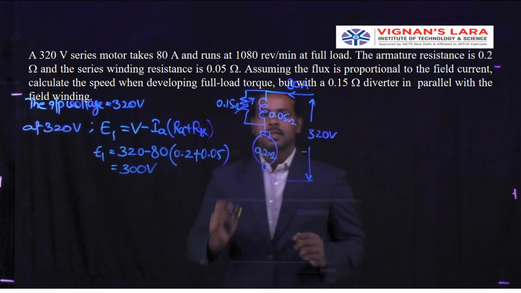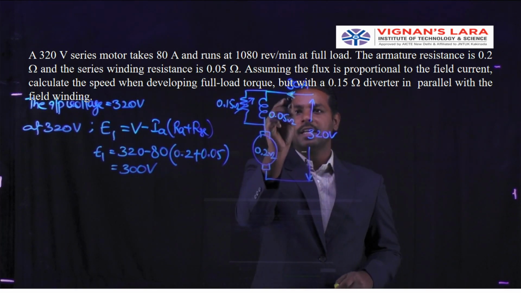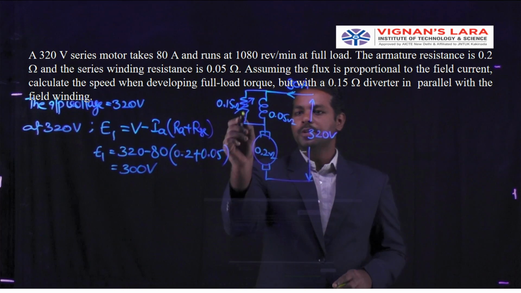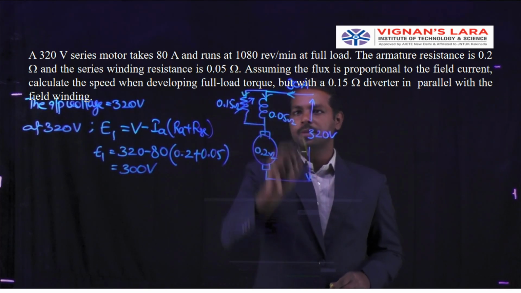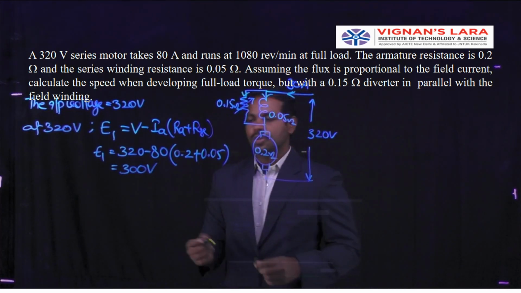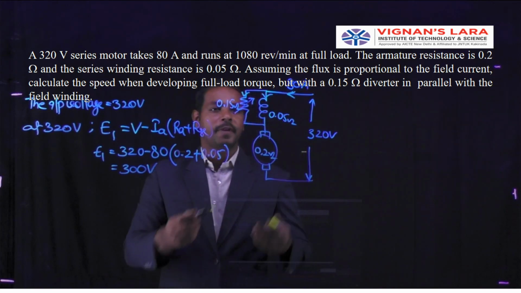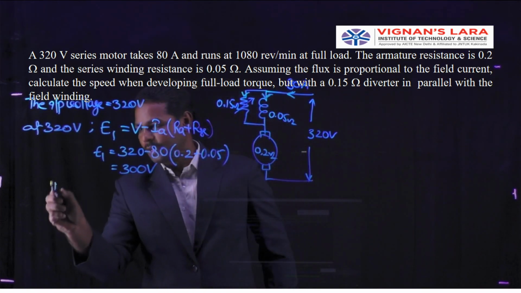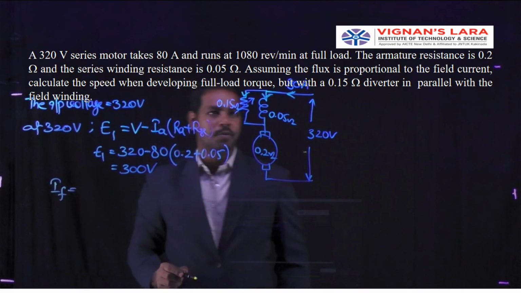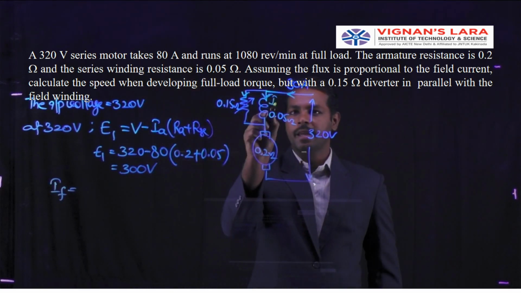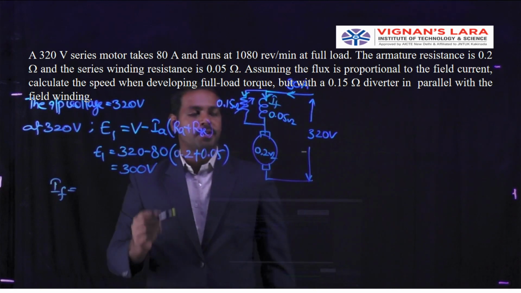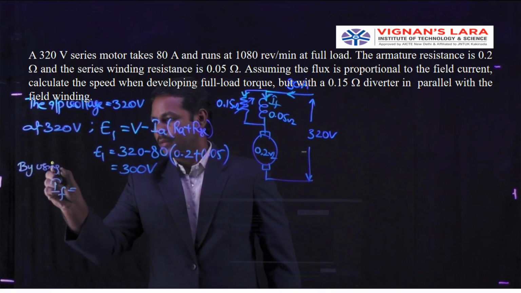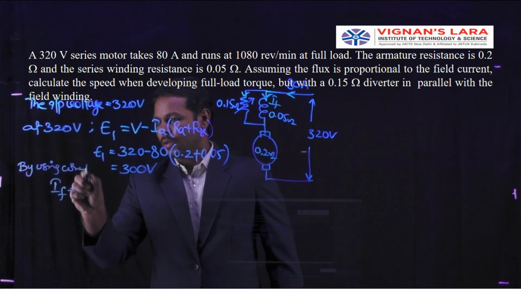First, the total current drawn from the supply is 80 amperes, which is divided into two parts. The field current, the current flowing through the series field winding, denoted by If, is calculated using the current division rule.